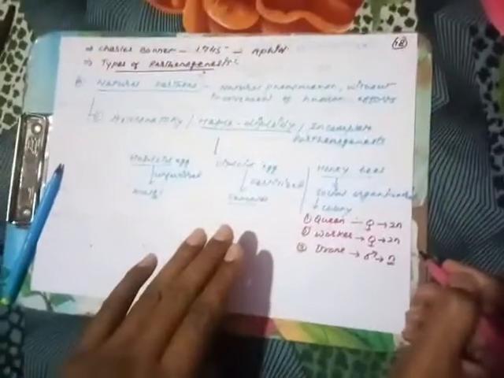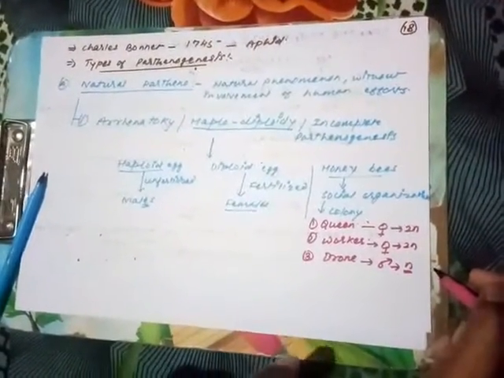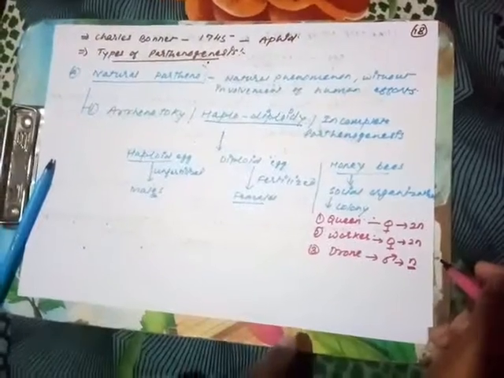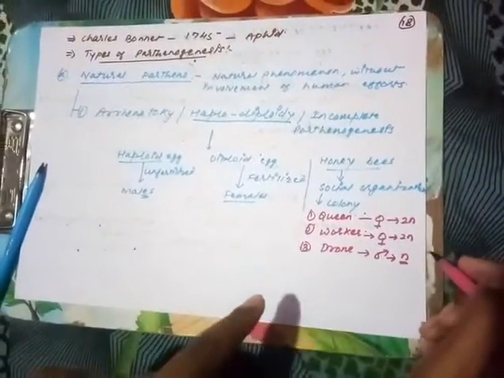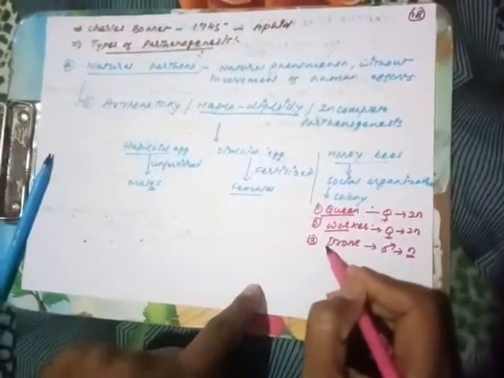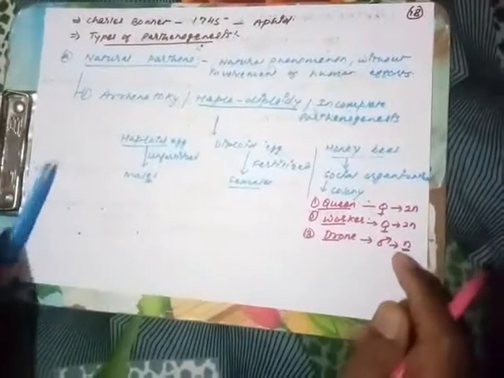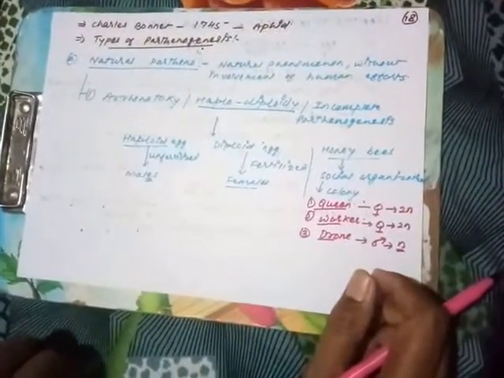Haploid and diploid, two types of eggs are there. Haploid eggs are going to convert in form of males if they remain unfertilized, and diploid eggs are getting converted in form of the queens and workers, the fertilized female. So female is queen and worker, and drone is male. I think it is very much clear to you all how arrhenotoky or haplodiploidy mode of parthenogenesis is working here.